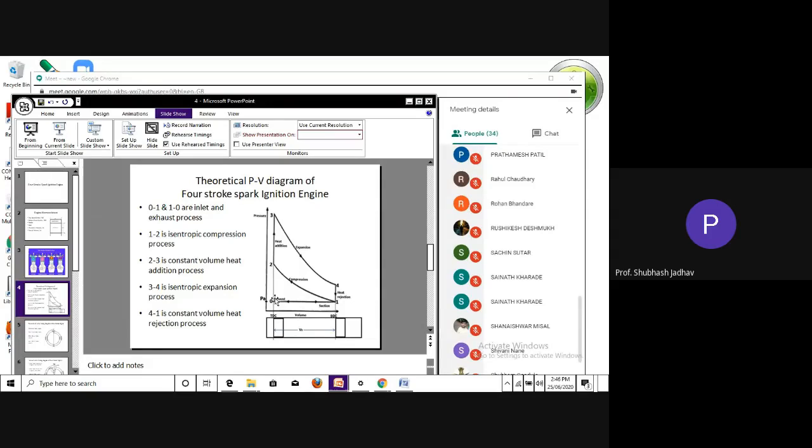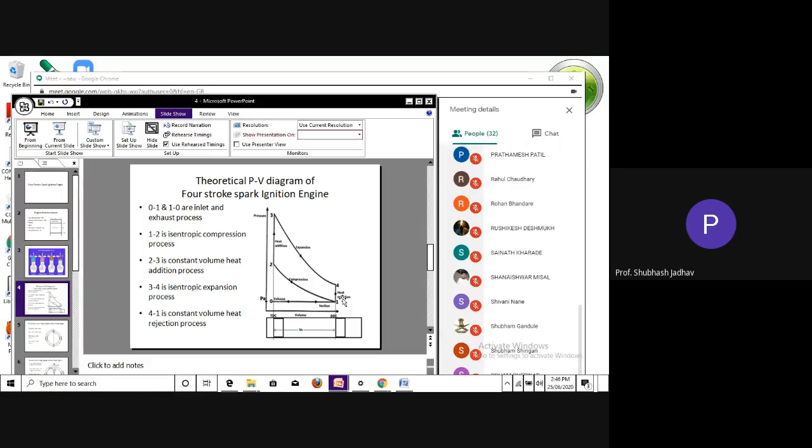Therefore, in order to make it amenable for analysis, what we have done is we have added an imaginary process, the heat rejection process, and we have made this open cycle into a closed cycle. 4 to 1 is an imaginary process.